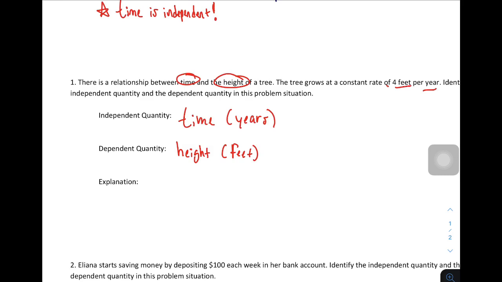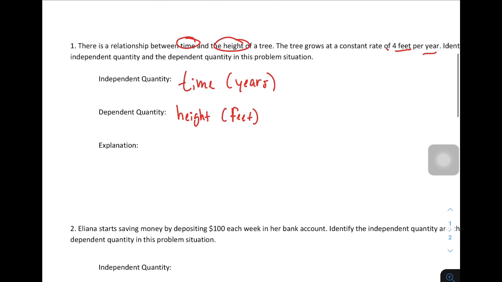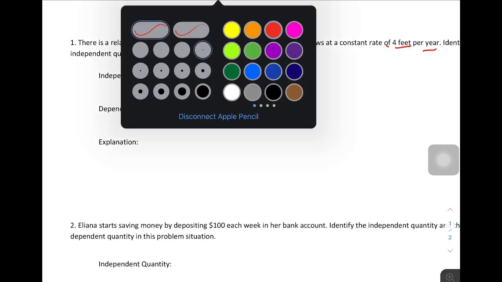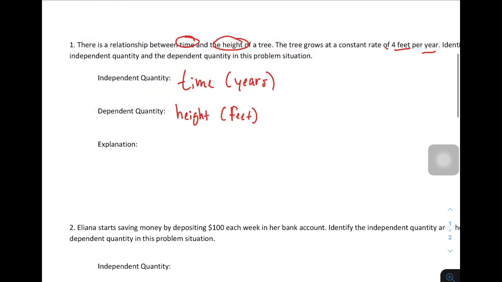So what does it mean when it says explanation? Well, we want to be able to explain how these two things are related. All right, I'm going to give you a little formula here that's very, very helpful when explaining these things. If you are taking down notes, I would at least write down this formula.